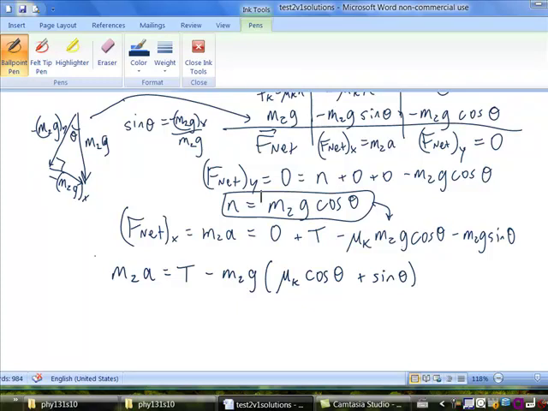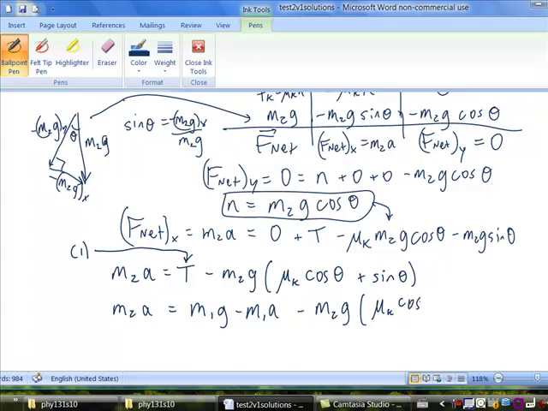And let's take from that equation 1 from before, we'll plug in to tension right there, and get that m2 times a equals m1g minus m1a, that's from before, minus m2g times mu kinetic times cos theta plus sine theta.